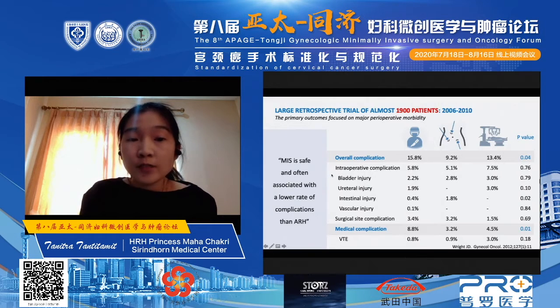Intraoperative complications such as bladder injury, ureteral injury, intestinal injury, vascular injury, surgical site complication, and VTE were not significantly different among the three groups of surgery. This study concludes that minimally invasive surgery is safe and often associated with a lower rate of complications than the abdominal approach.